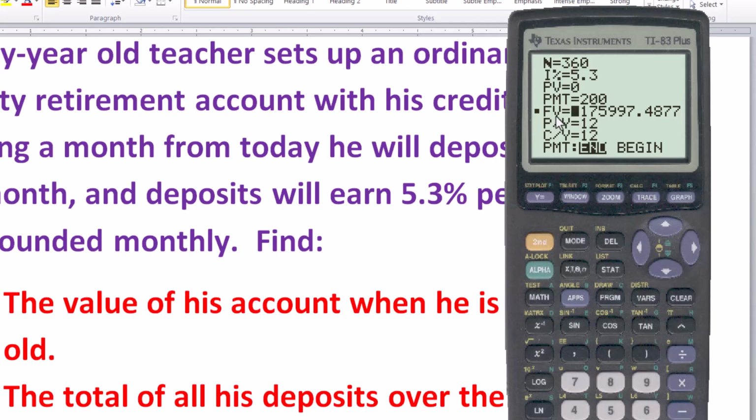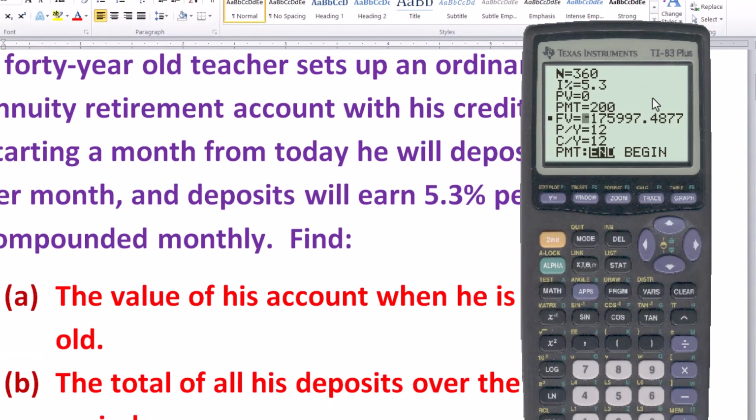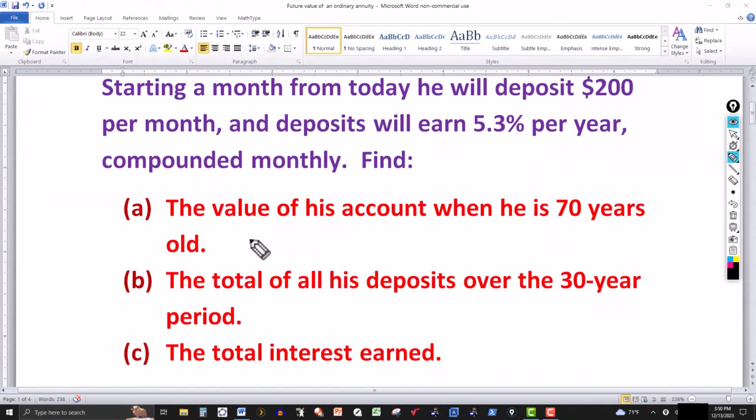Set it on FV, future value, alpha, and then enter. So the answer to part A is 175,997.49.